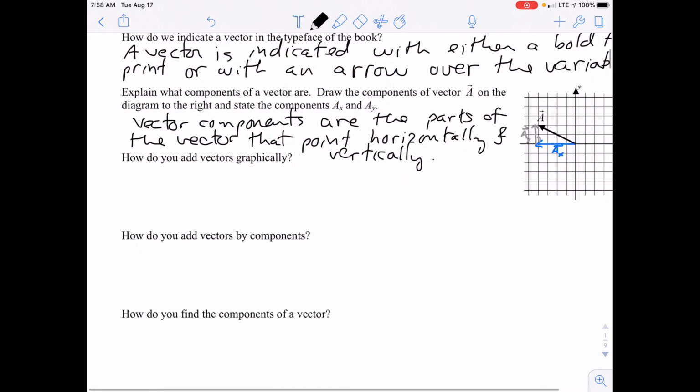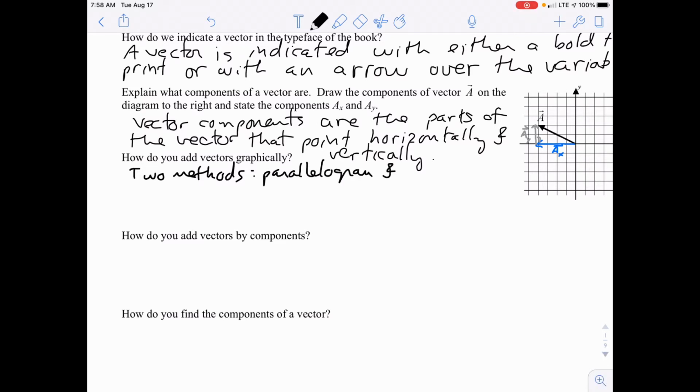How do you add vectors graphically? Well, 2 methods. And we will go over them in the examples, okay? But they are the parallelogram method and what is called the tip to tail method.